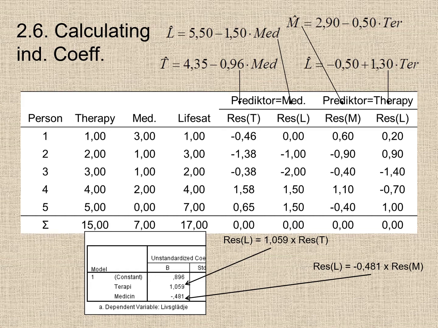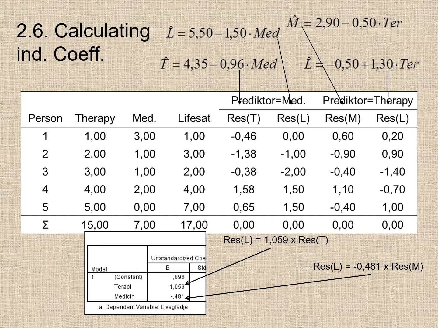So we can calculate the predicted therapy, and we have the actual therapy, and then we take the difference between actual therapy and predicted therapy. Residual for that analysis. Here are those residuals. The residual when you predict amount of therapy from amount of medicine.